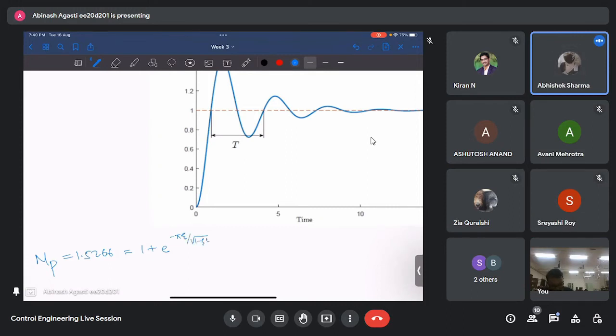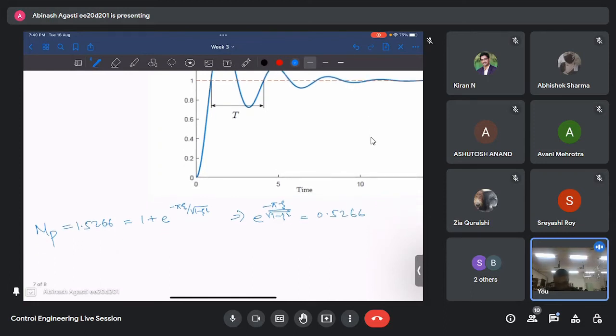So this implies e to the minus pi zeta by root 1 minus zeta square is equal to 0.5266. So solve this equation for zeta. Tell me what you get for zeta.